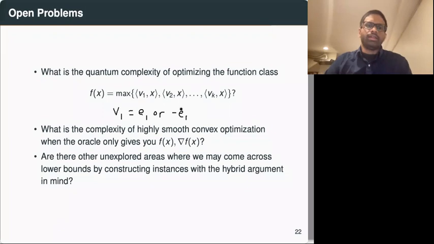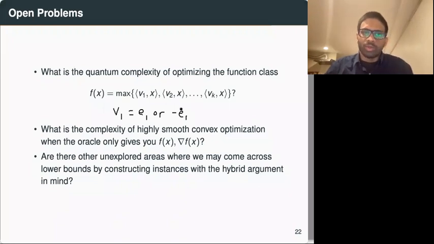In this setting, we can still prove an omega n lower bound for randomized algorithms. It's quite simple if you analyze how this function behaves. But there is a quantum upper bound of square root n queries. If you're given this extra promise, then using Belov's algorithm, you can solve this function class in square root n queries. So there clearly are interesting cases where quantum does do better than classical.